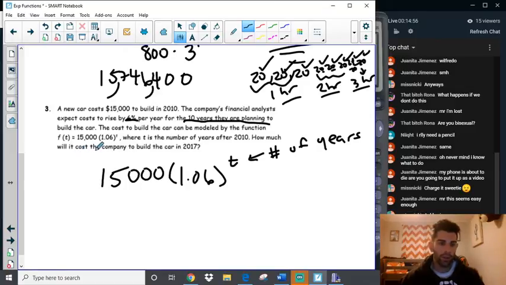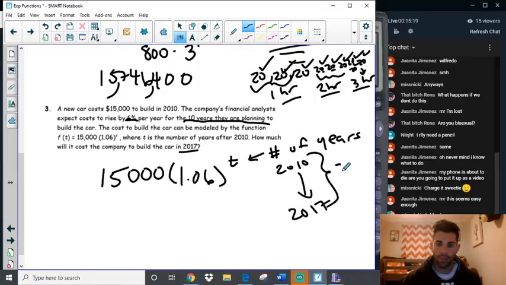How much will it cost the company to build the car in 2017? So 2010 doesn't go there, 2017 doesn't go there, and 10 doesn't go there. They want to know, t is the number of years after 2010, and they're going to go all the way to 2017. How much time is that?